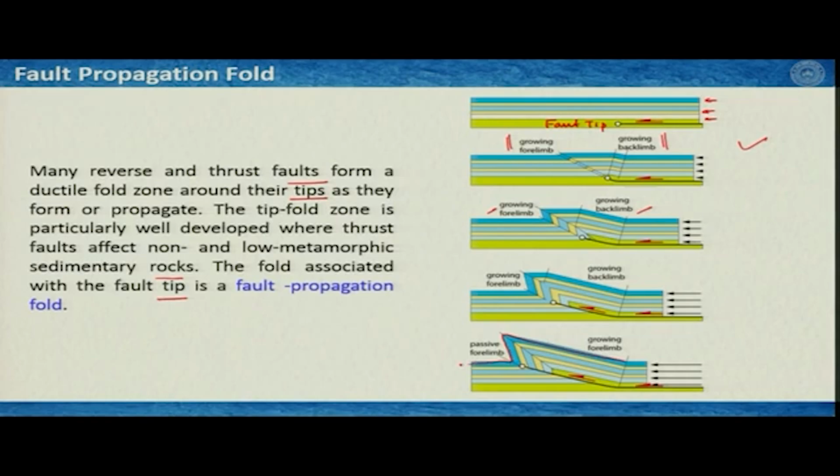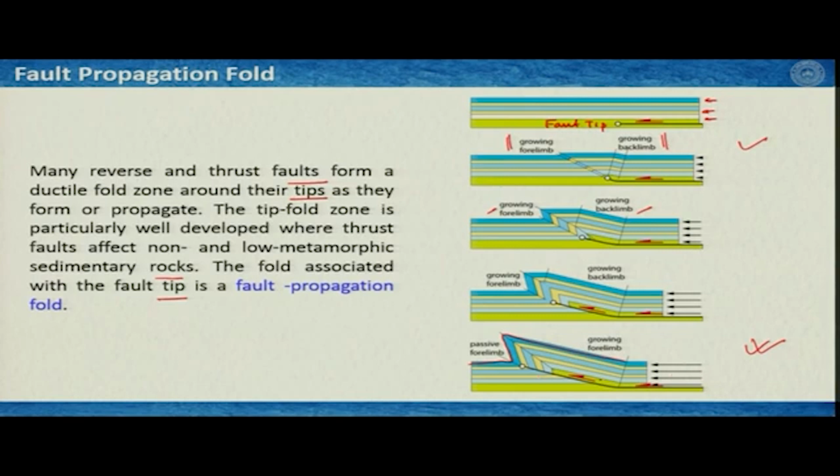Now geometrically it may appear very similar to what we have seen with the fault bend fold, but the mechanism of development is essentially different. Sometimes you also develop, in this case, movement on both hanging wall and footwall.